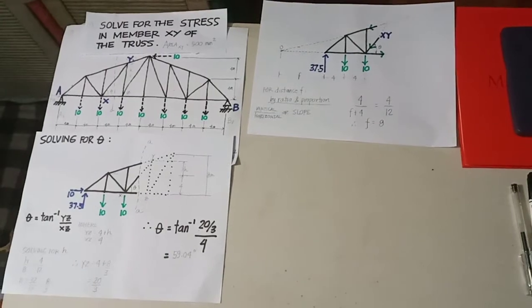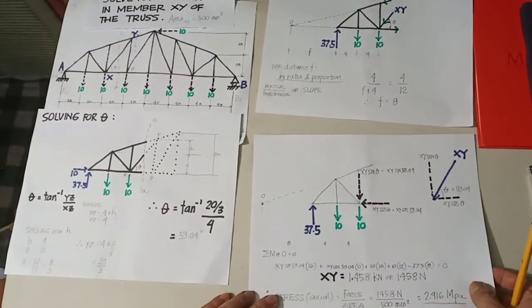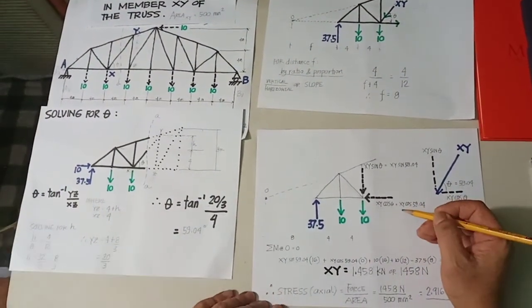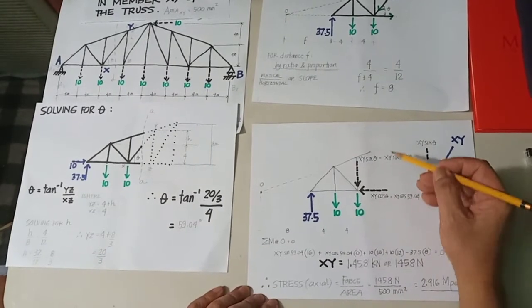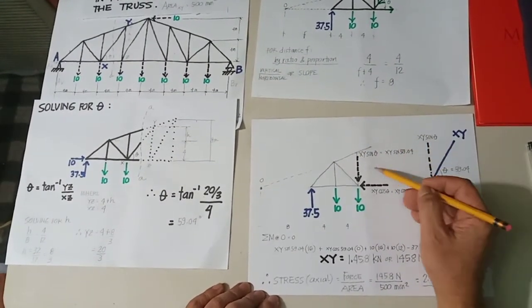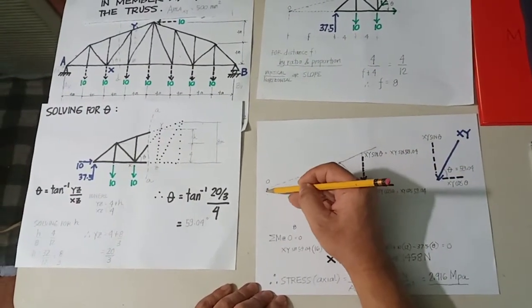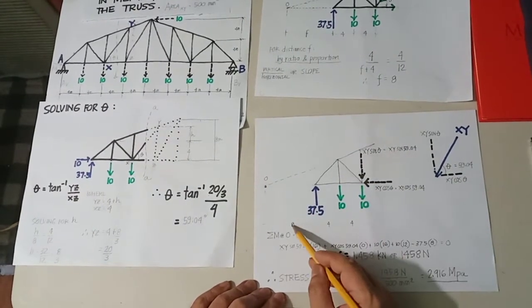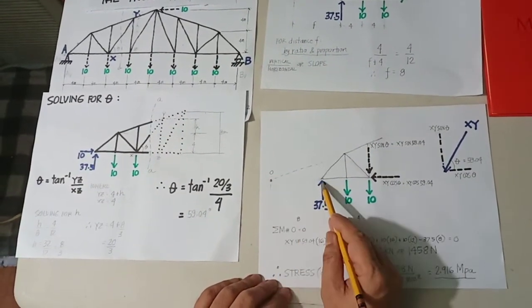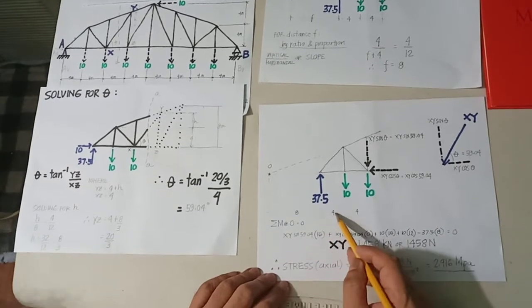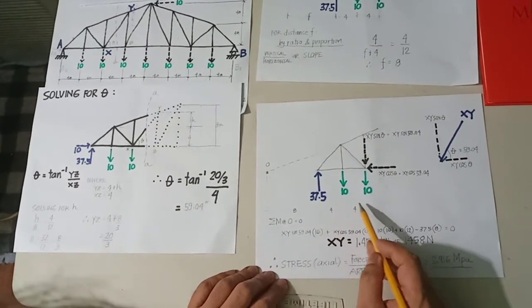So let's go back to this figure, where we want to solve for XY, because we were already able to solve for the components of XY, taking moments at point O. We know that it is 8 from this point to 37.5, and that is 4 meters and 4 meters.